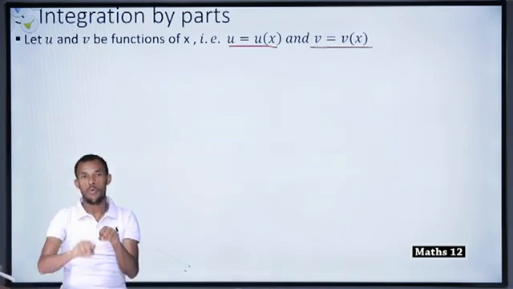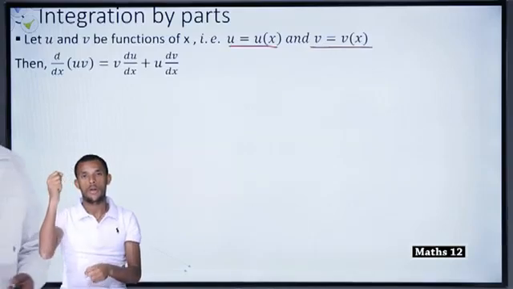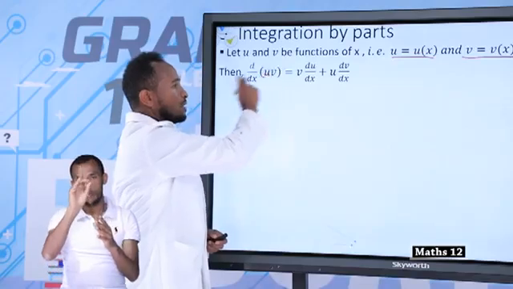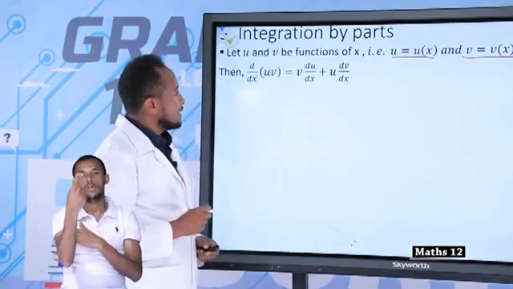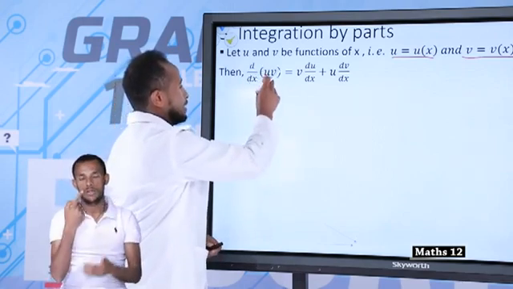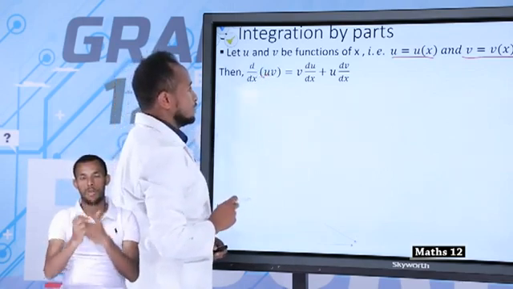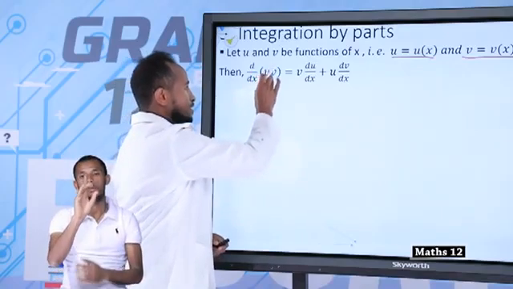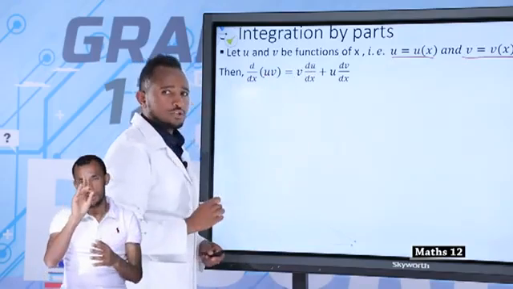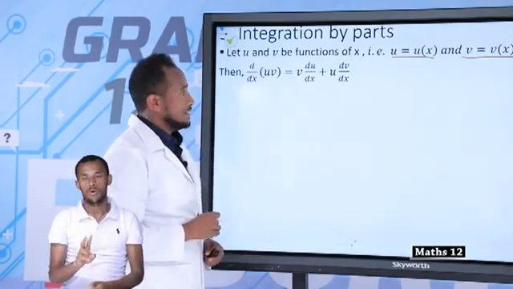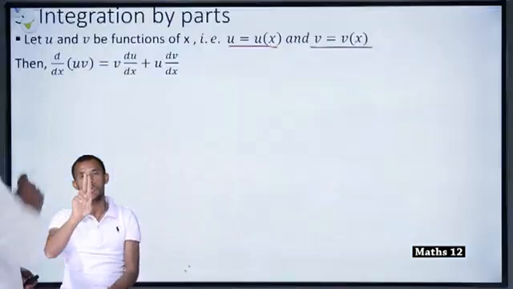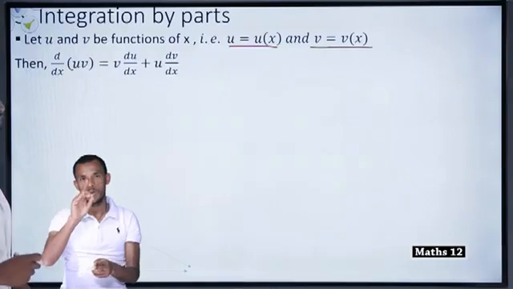If you remember in chapter 3, the derivative of a product of two functions is evaluated using this formula: v times the derivative of u, that is v times du by dx, plus u times the derivative of v, that is u times dv by dx.